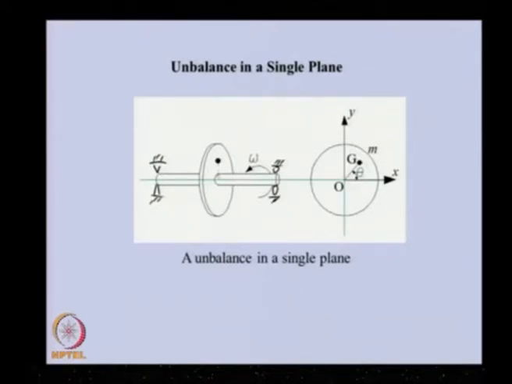It has been exaggerated here just to show how the center of gravity can give unbalanced force. Generally, this eccentricity from O to G will be of the order of microns in actual rotors. Because of the geometry of the rotor, we can balance this rotor in a single plane itself, because most of the unbalance is in this plane.